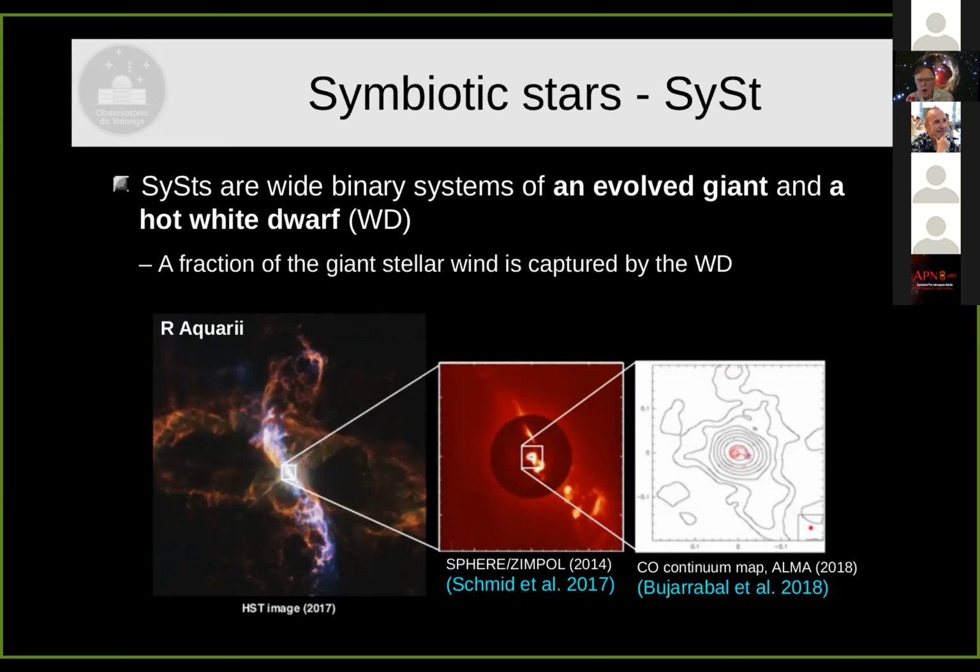They are important because they are binaries, they could have disks, and in certain cases, like this one, you can resolve the binary system at the center. So they result in a number of phenomena of interest to our community, like shaping, jets, disks, and other phenomena.